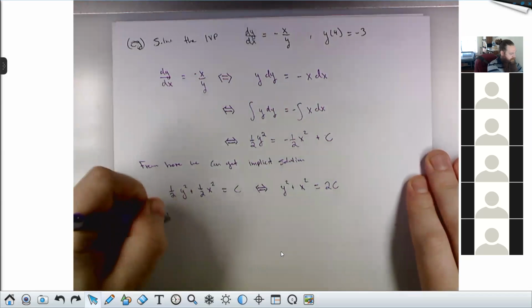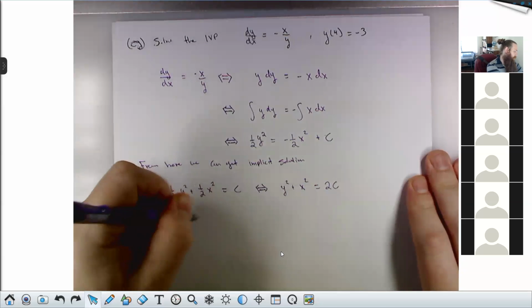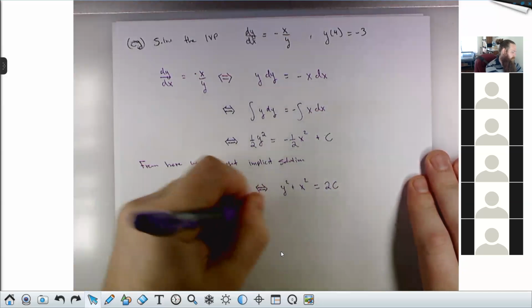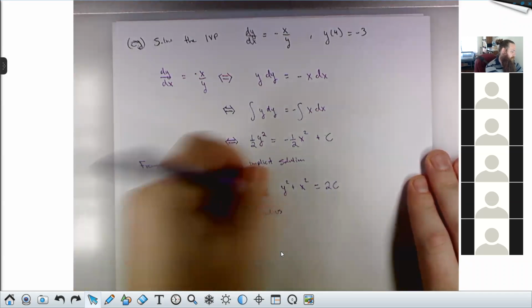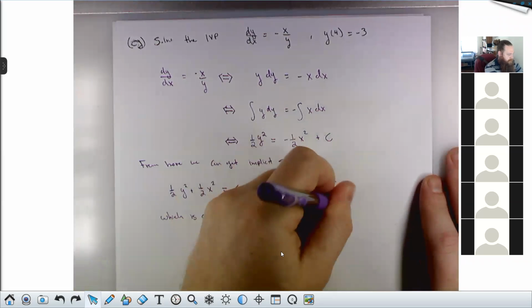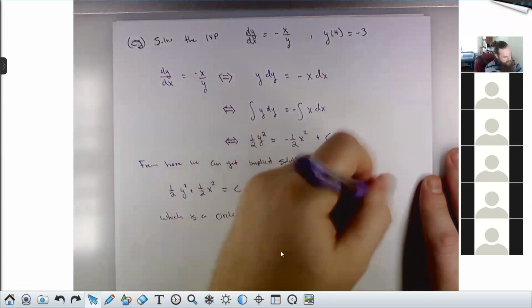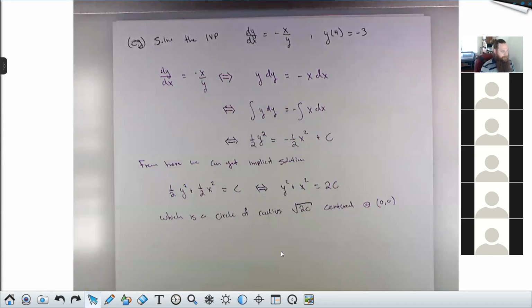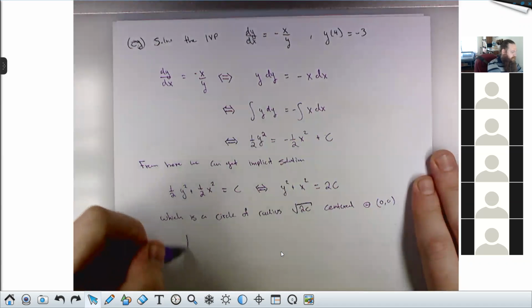So if you wanted to sketch the solution curve, you could from this, which is nice.